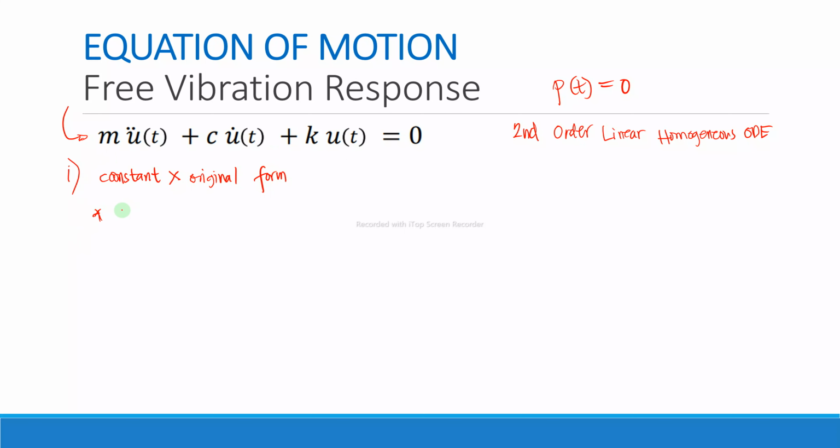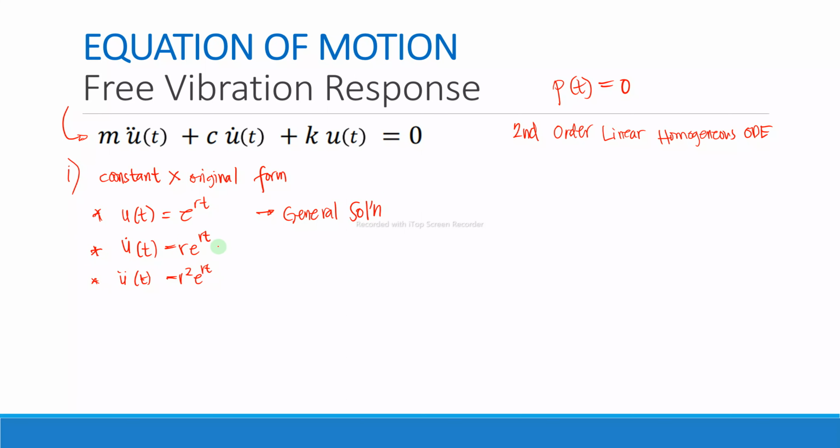So actually, we can say that the solution u of t is equal to e to the rt. So let's say this is the general solution of our differential equation. Now, if we differentiate that, the first derivative is equal to r e to the rt, and the second derivative of the displacement or deformation is equal to r squared e to the rt.